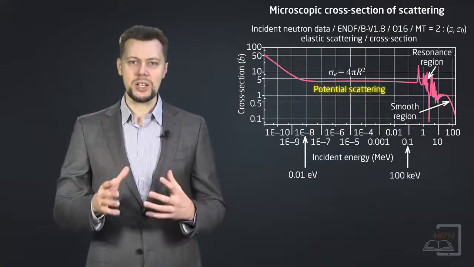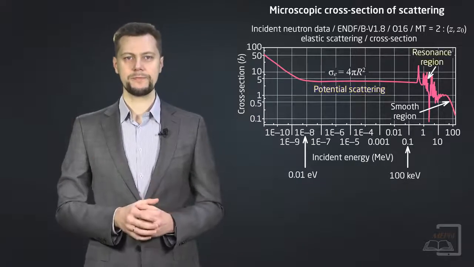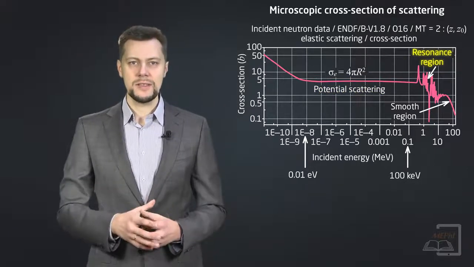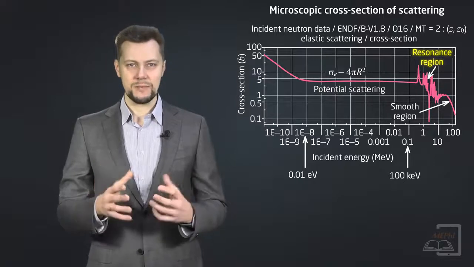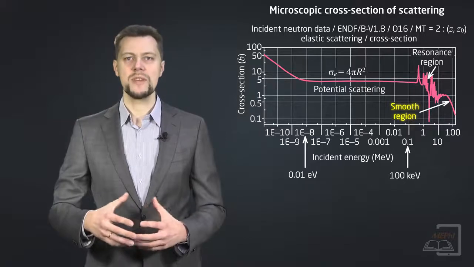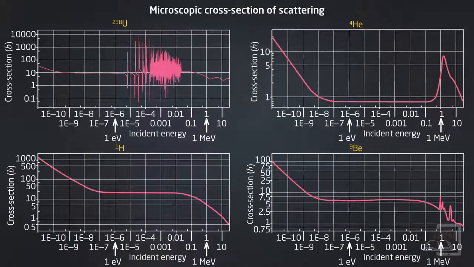This is potential elastic scattering. The second is the resonance zone. This is resonance elastic scattering. The third is the smooth region, where too many resonances form the smooth region.